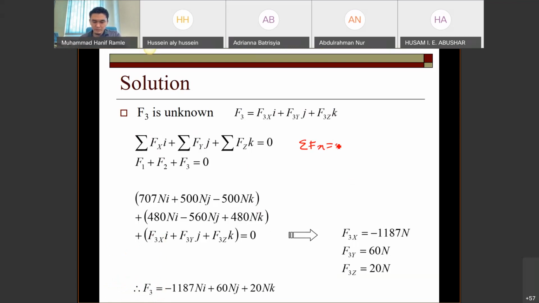You have to put all the forces of the x component: this one is F1, this one is F2, this one is F3. So you will get the answer F3x equal to negative 1187.